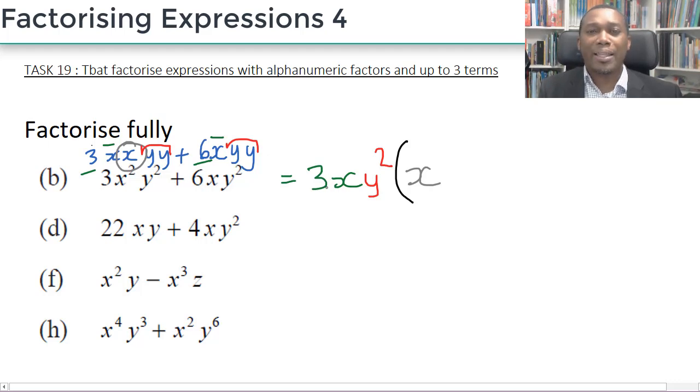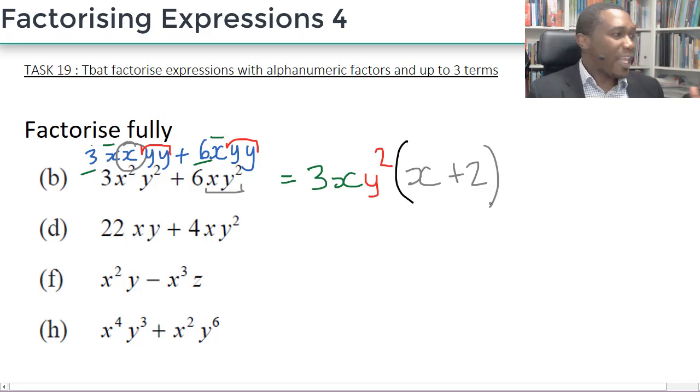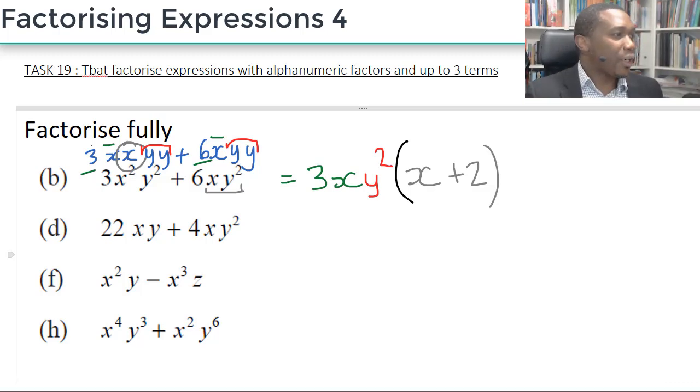What do I multiply that 3 by to get plus 6? Plus 2. Do I have the x? Yes. Do I have the y squared? Yes. That whole xy squared string is already on the outside. That is our answer. 3xy squared is the highest common factor, and then in brackets, we have x plus 2.